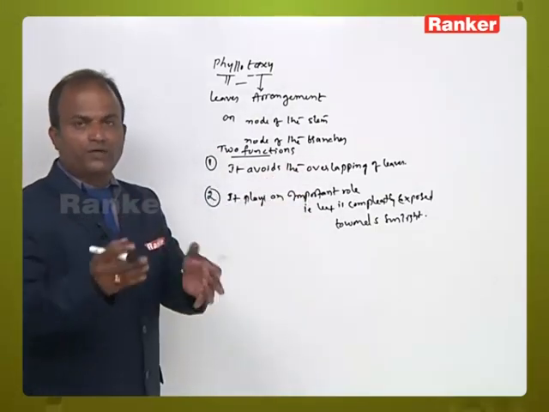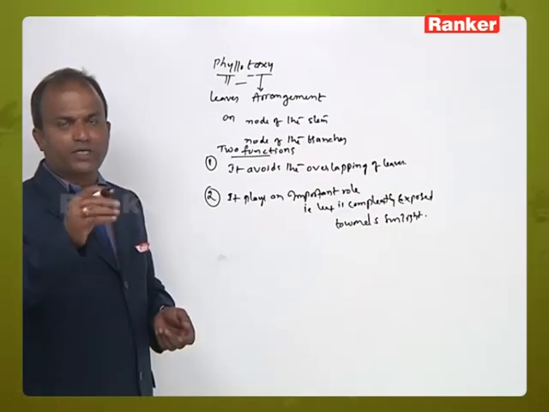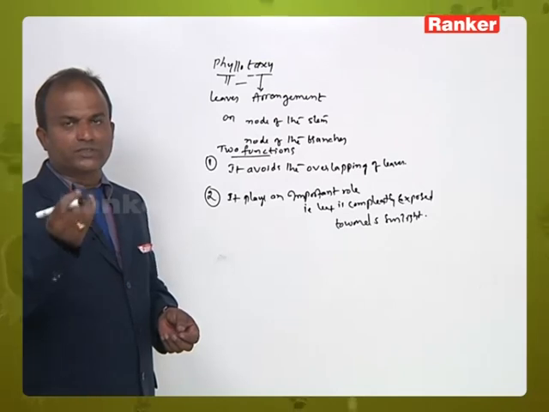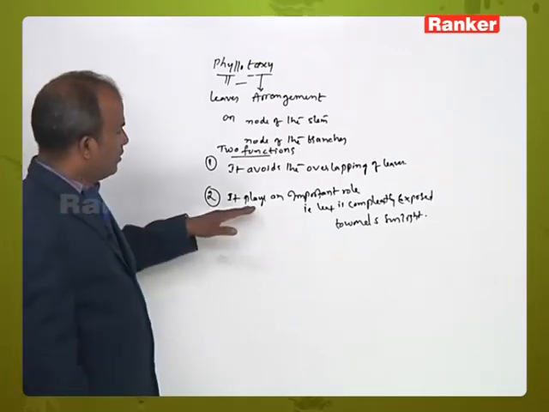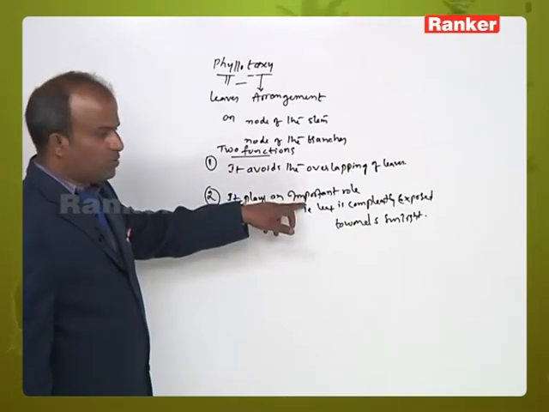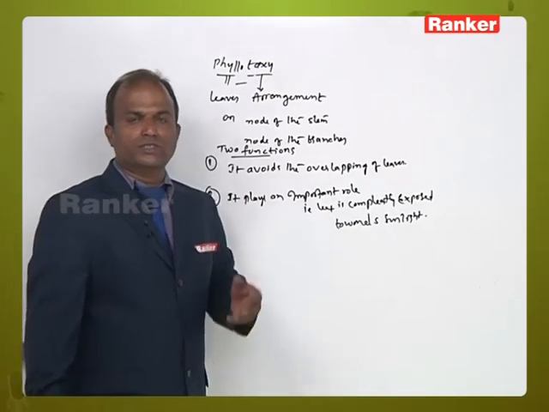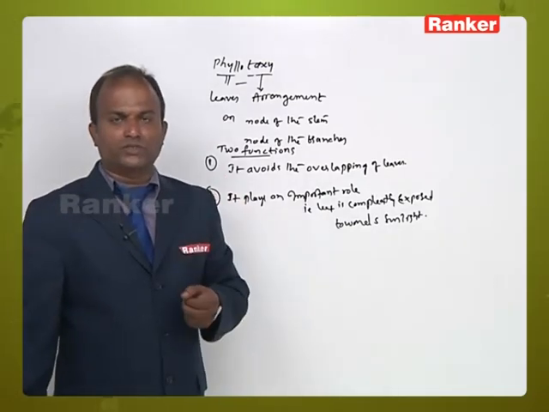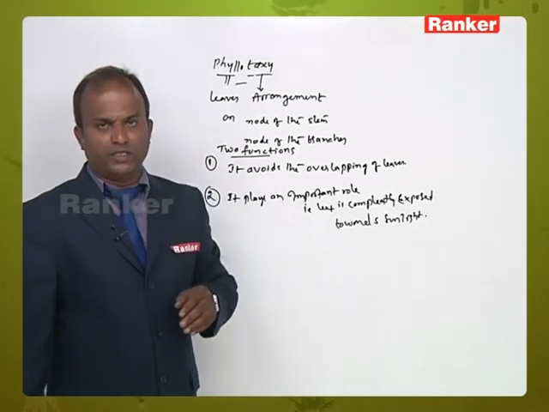If overlapping of leaves occurs, it does not receive a sufficient amount of sunlight. It cannot carry out 100% photosynthesis, due to which 100% of food material is not produced. That's why it plays an important role. Leaf is completely exposed towards sunlight, so it can perform 100% photosynthesis and can prepare 100% of food materials.